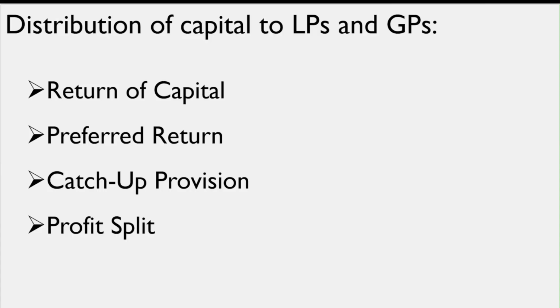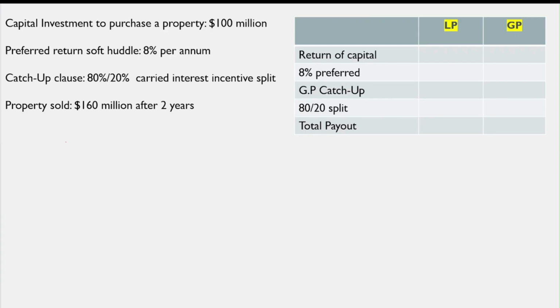So let's take a look into an example I found from the CFA curriculum, just going to help us understand the waterfall of these cash flows. Here in this example, we have a private equity firm that invested 100 million to purchase a property. There is a soft hurdle of 8% for the limited partners, or the investors.